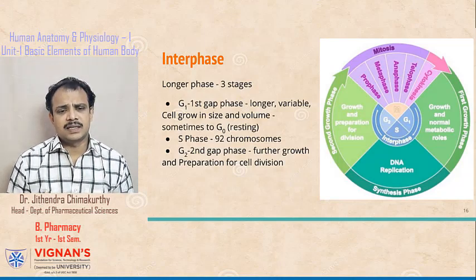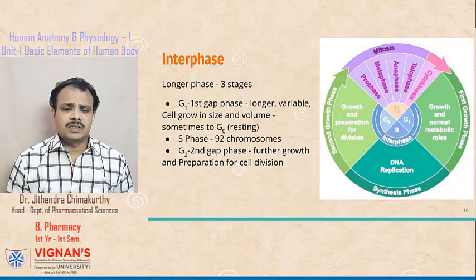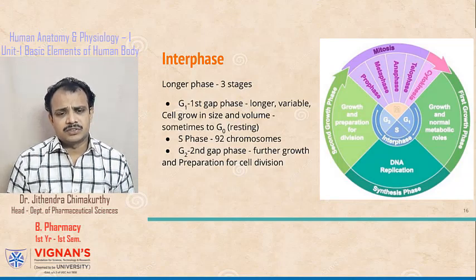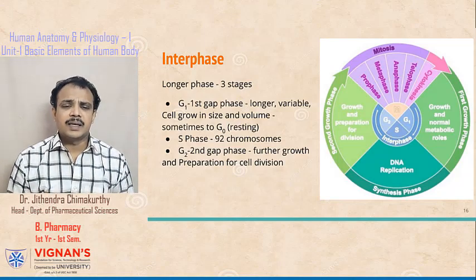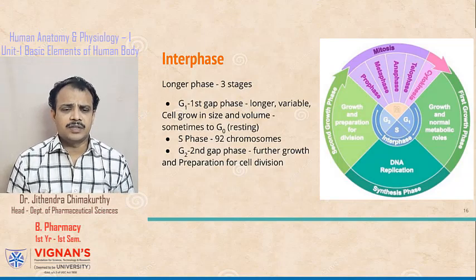And this cell cycle consists of two phases which can be seen under light microscopy. The two phases are interphase and mitosis, which is also called M phase.